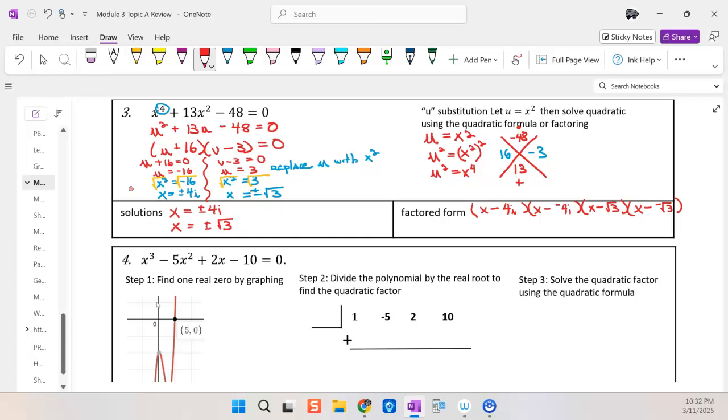So I can rewrite these double negative ones as a plus. It's my factored form, and here are my roots.